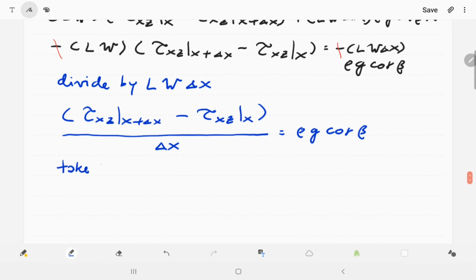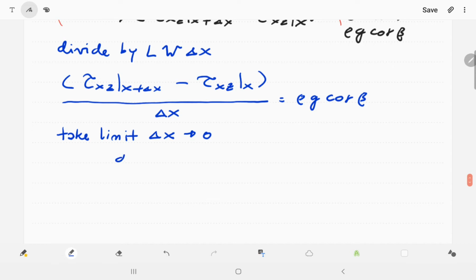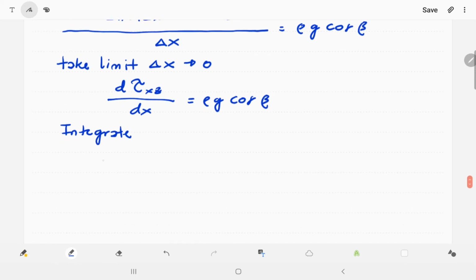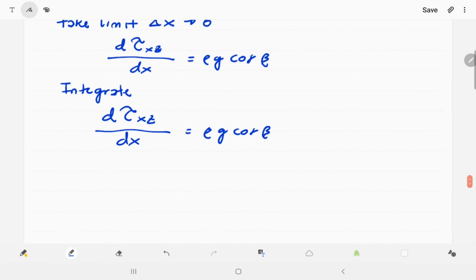Then we want to convert this into a differential equation in order for us to be able to solve and get the final formula. So this will be the differentiation of tau xz over dx will be equal to rho g cos beta. Then we can integrate this. No, sorry.